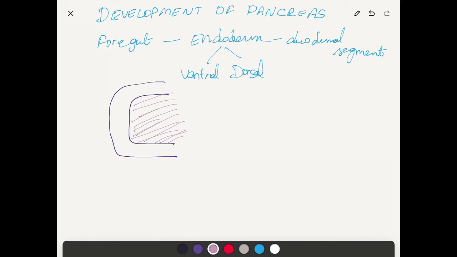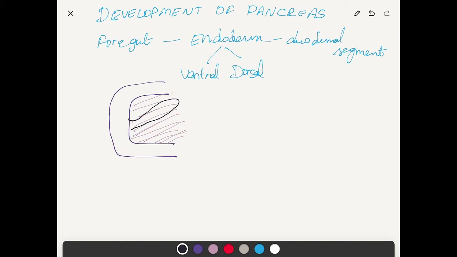Now from this primitive duodenum, the two buds, ventral and dorsal, develop. From the dorsal side, one bud develops. That bud is called the dorsal pancreatic bud, like this. It is slightly cephalic to the hepatopancreatic bud.